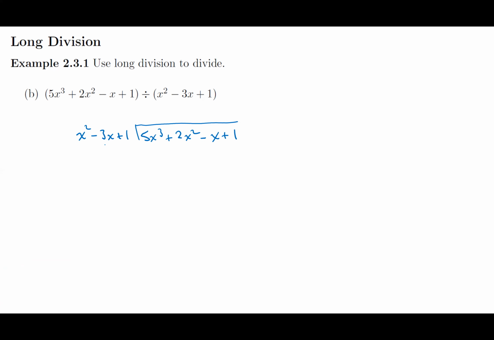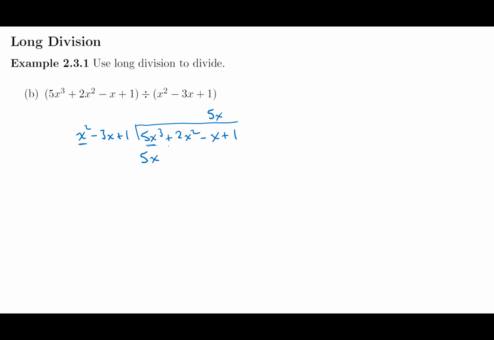And again, I'm not worried about the negative 3x or the plus 1. I'm really just looking at my leading term. So x squared times what is 5x cubed? Well, times 5x. Again, I'm going to line up the correct degree terms and then multiply.